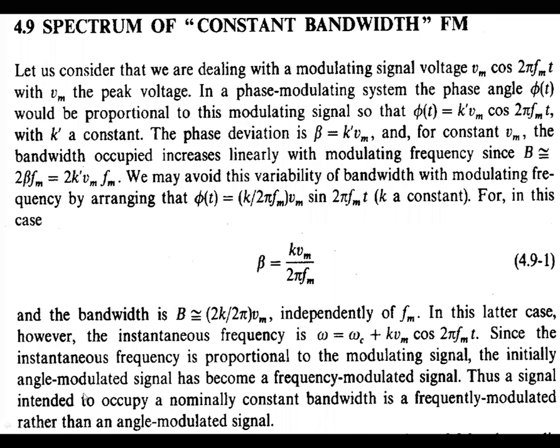The initially angle modulated signal has become a frequency modulated signal. Thus the signal tends to occupy a nominal constant bandwidth for a frequency modulated signal. So that is the spectrum of constant bandwidth FM, one of the concepts.